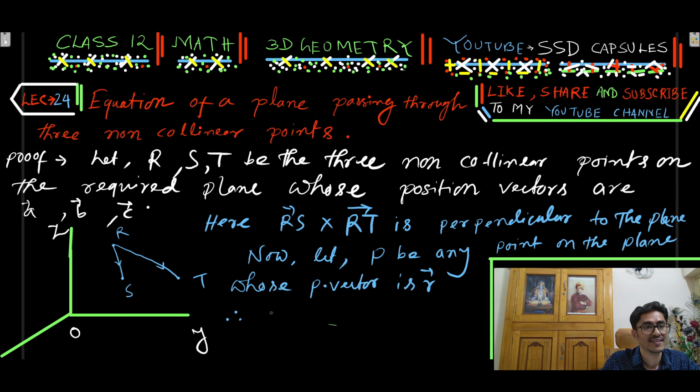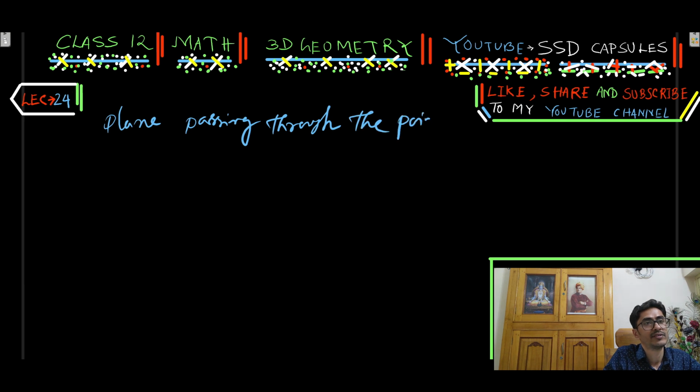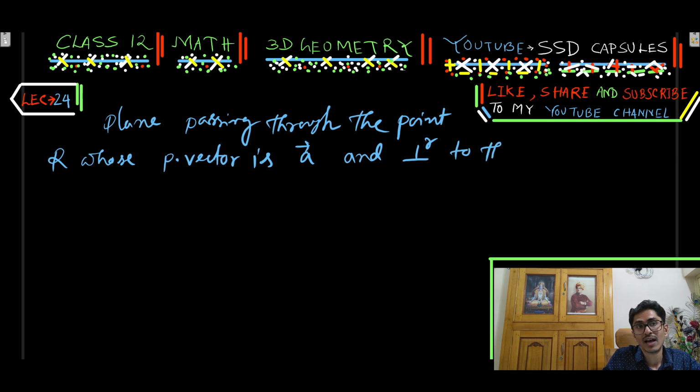Therefore, the equation of the plane passing through the point whose position vector is a vector and perpendicular to the vector RS vector cross RT vector is, what is the equation?